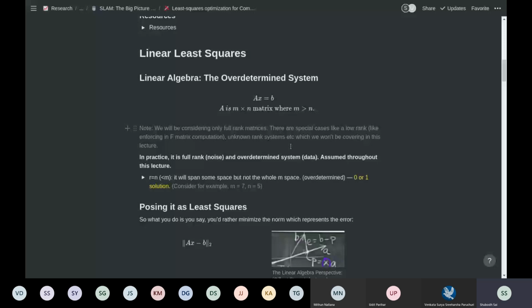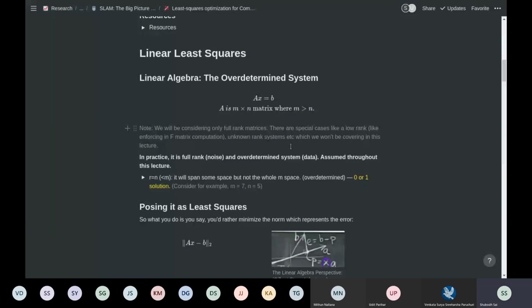Let us start from the bare basics, linear algebra. A couple of notes here. One is we will be only considering overdetermined systems. Why is that so? Because in most cases, that is how it's going to be.